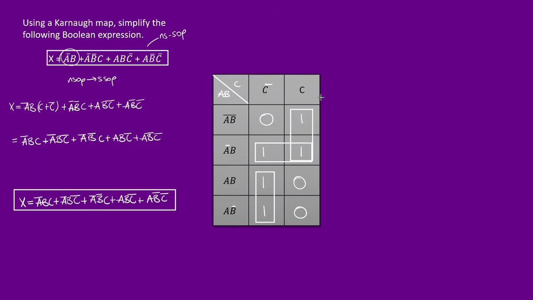So let's solve this. One thing I usually note is that we have a 3-variable Karnaugh map, and the maximum number of terms is 8, since this is a 4 by 2 box. If everything were filled, the number of terms needed to define it would be just 1.